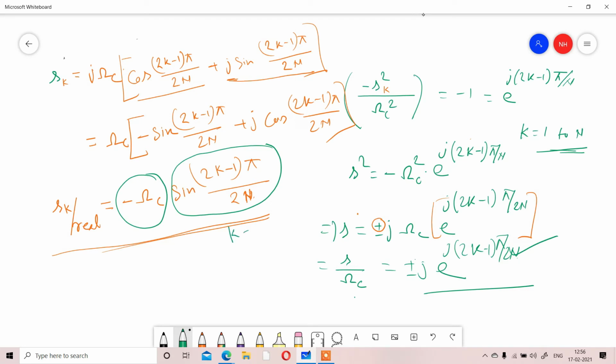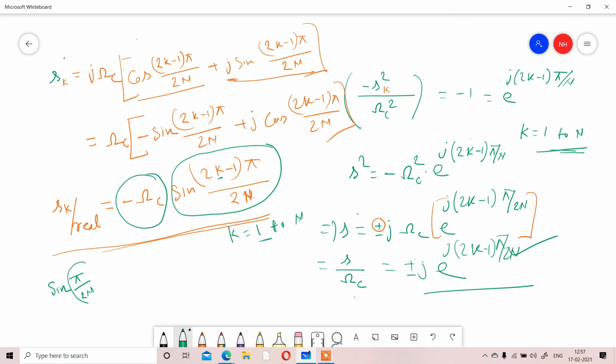So is that sine term positive or negative? We know that k is varying from 1 to n. So the sine term has a value for k equal to 1 and for k equal to n. k equal to 1 will be the minimum term, and k equal to n will be the maximum term of sine. The minimum term for k equal to 1 is sine of (2 into 1 minus 1) into pi by 2n.